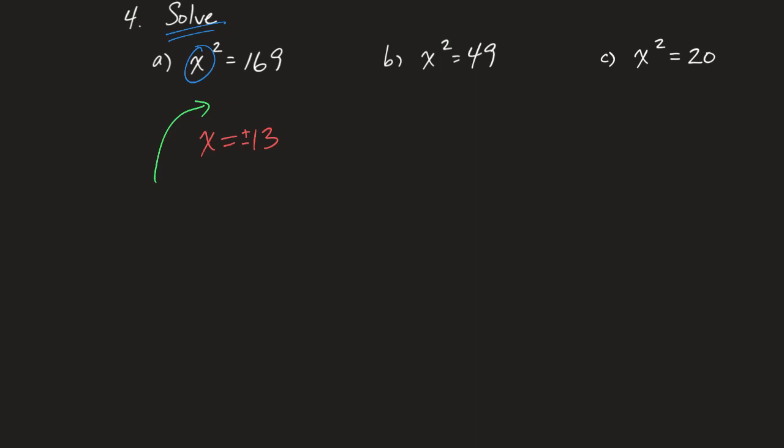What that problem says is some number, x squared, gives me 169. And you say, well, how do I get the x all by itself? Well, I've got to get rid of my squared. Well, how do I get rid of a squared? I take a square root. And listen to what I just said. I take a square root. So I chose to find the square root of 169.